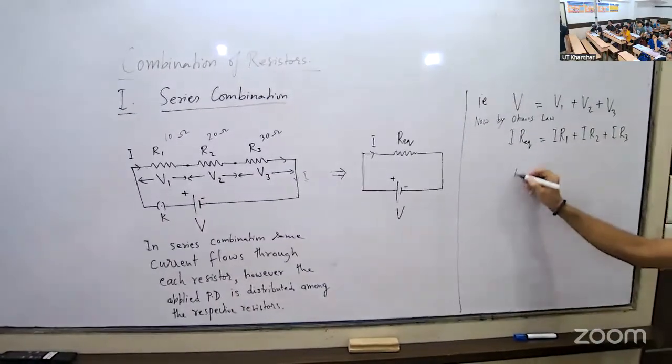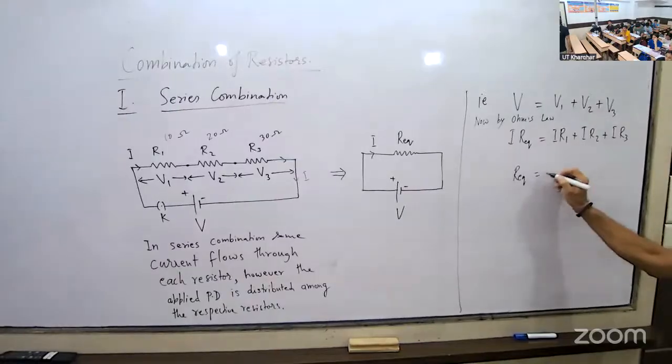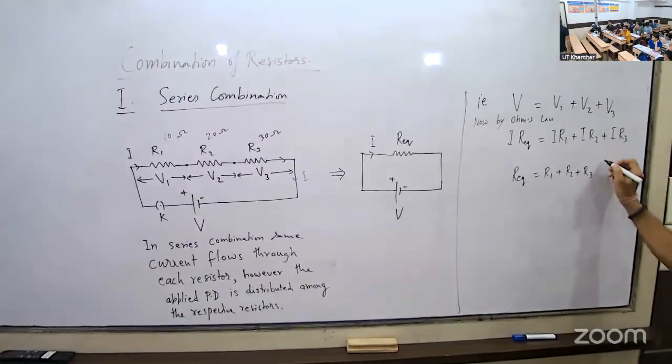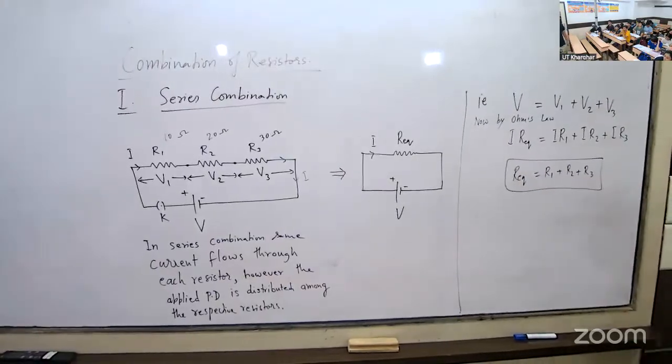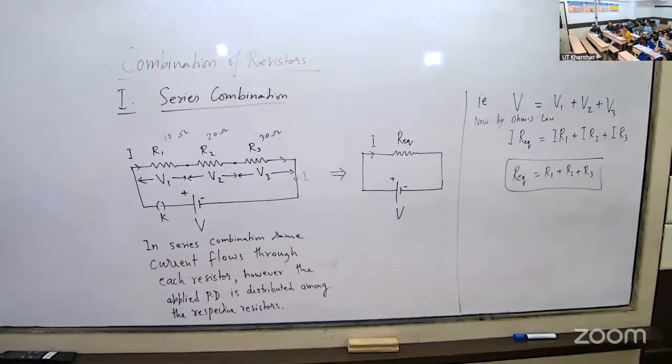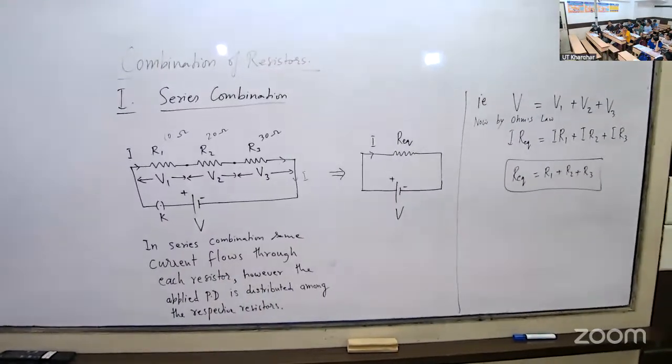The next step will be what? So in series combination, the equivalent resistance is just the addition of all the resistors in the series combination. And it is true for any number of resistors.